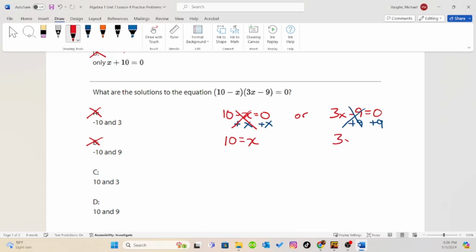This leaves us 3x equals 9. Now we're going to divide both sides by 3 so that we eliminate it on the left. And we are left with x equals 3, which matches choice C. D is incorrect because our second answer is 3, not 9.